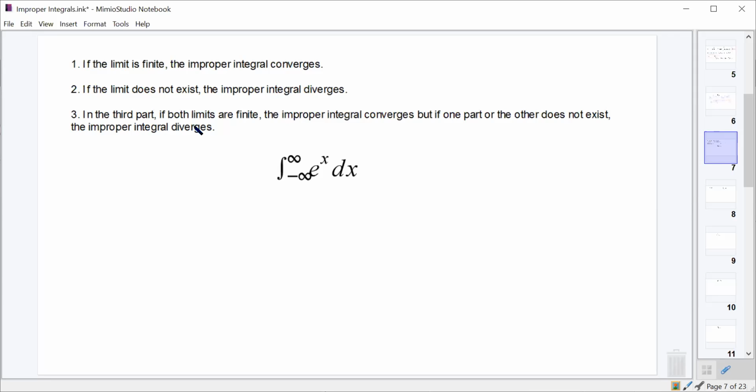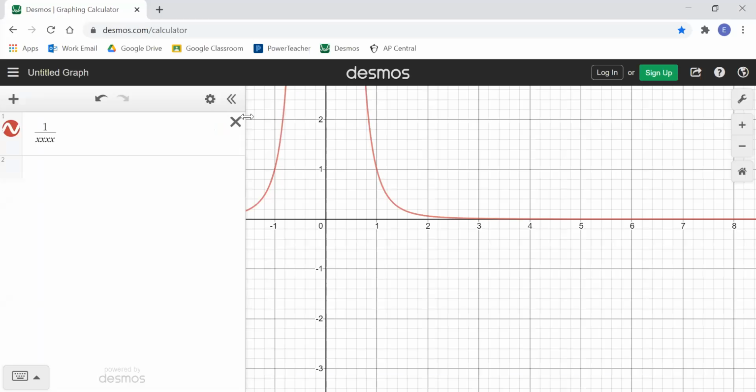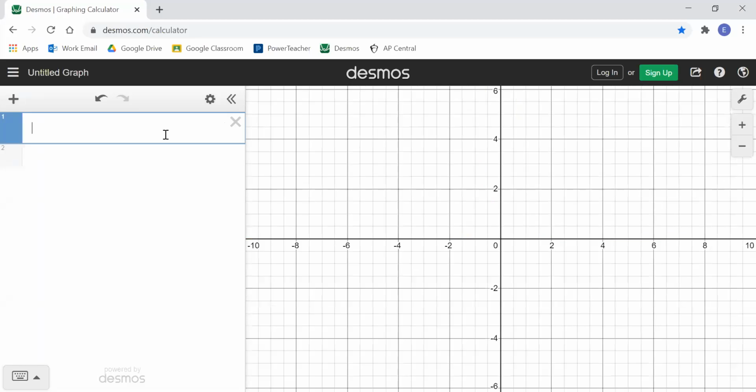What does e to the x look like? Well, you know what it looks like. I'm going to put it up here anyway. So e to the x, right? It's got a horizontal asymptote of y equals 0 as it goes towards negative infinity to the left. But as you go towards infinity, it's increasing without bound.